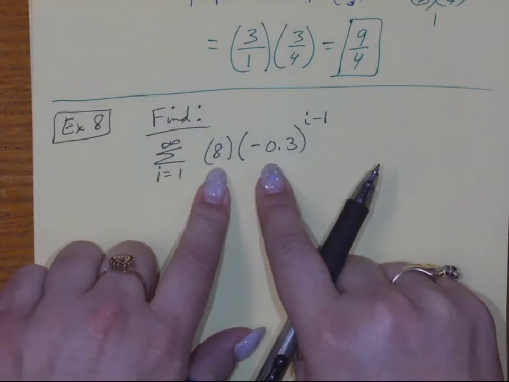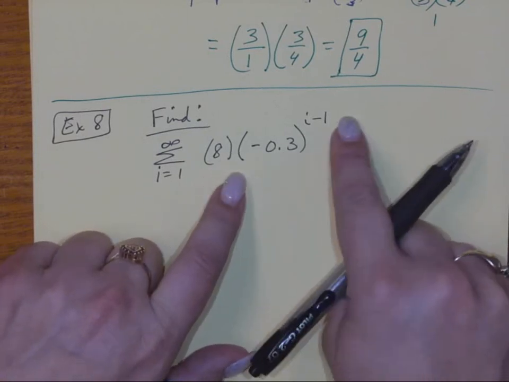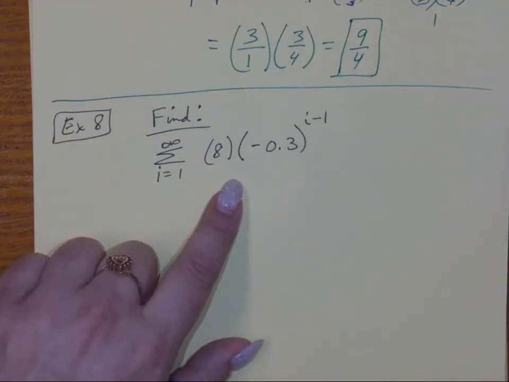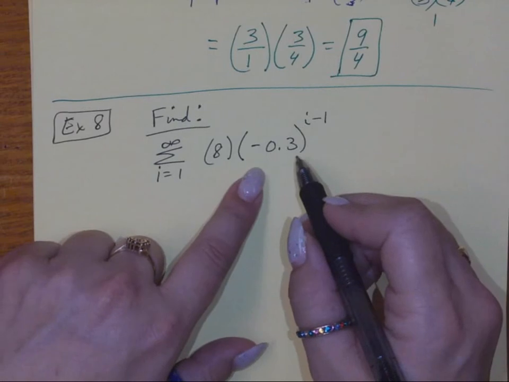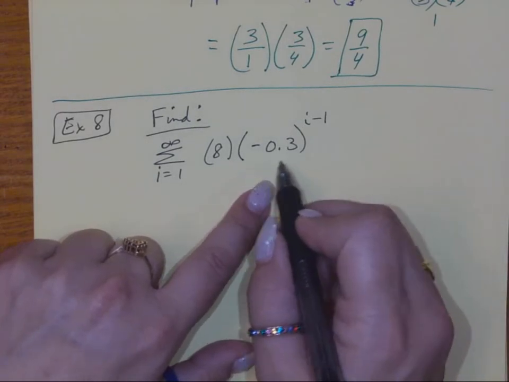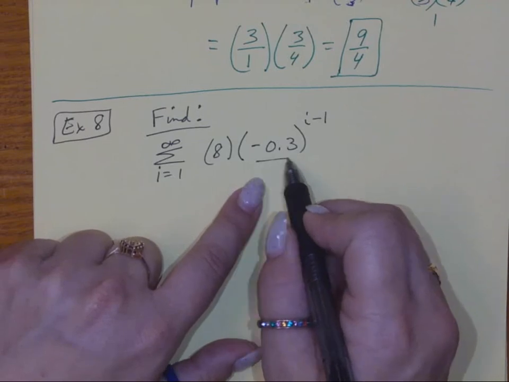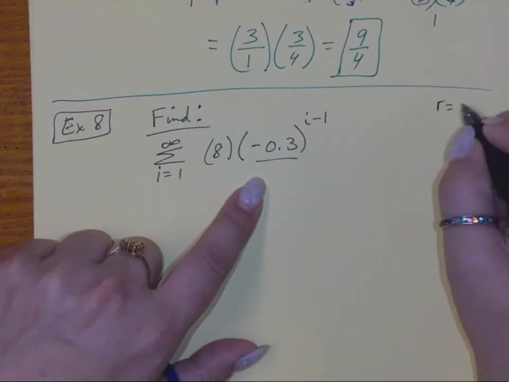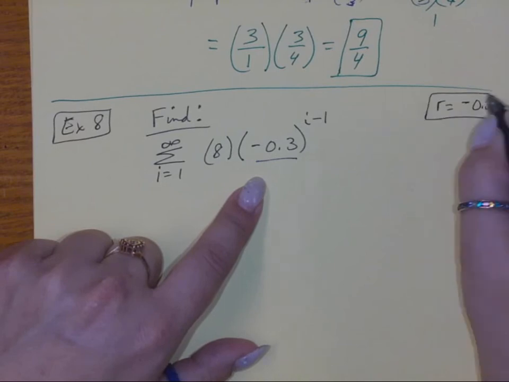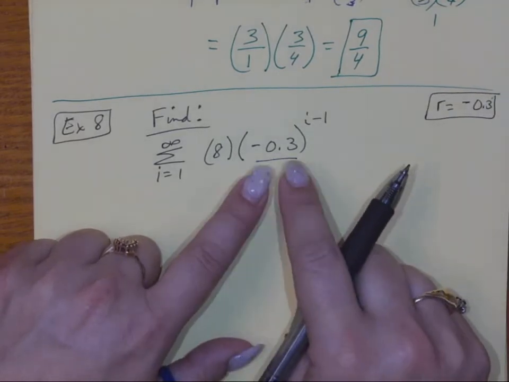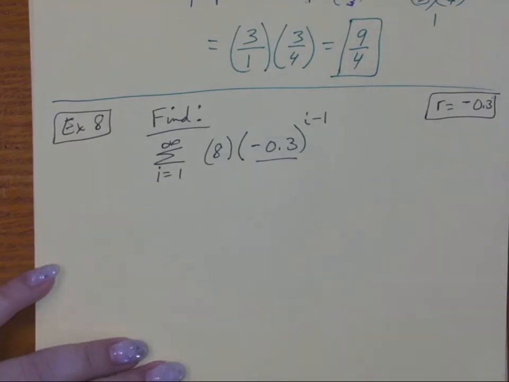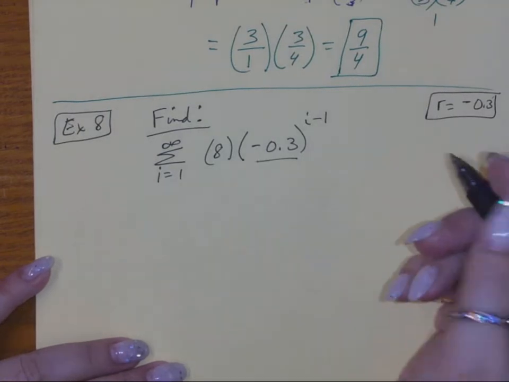It's not the arithmetic look. I know I'm multiplying, and I'm raising that exponent, so I know I'm multiplying over and over again. This is my base right here. If I was looking for that, I would know, hey, 0.3 in the base. So my R here is negative 0.3. Okay, so it's less than 1. So you're going to use that geometric sequence. You're going to figure out what's my first term.